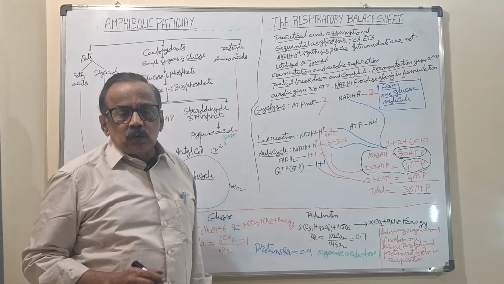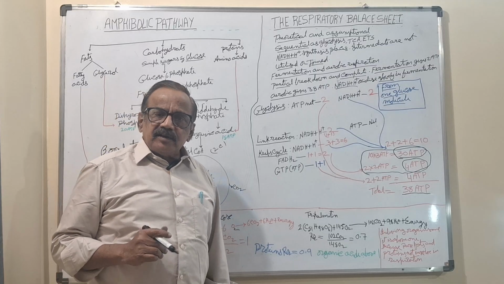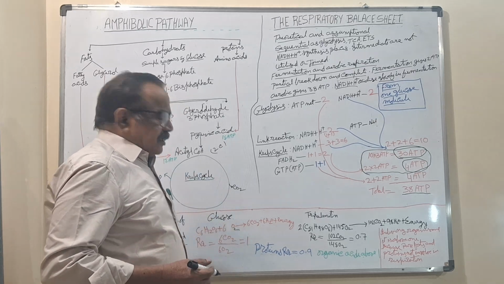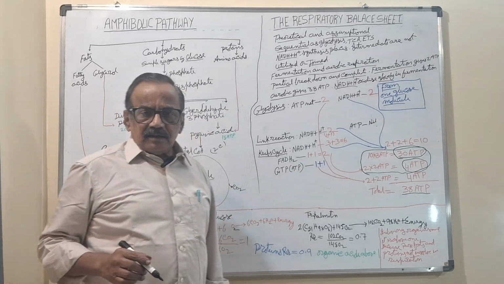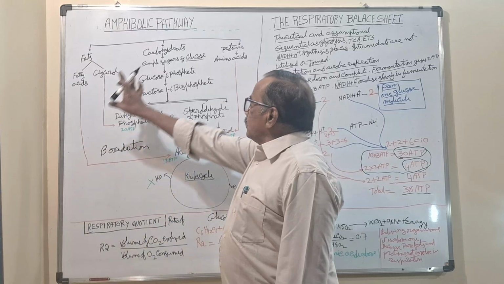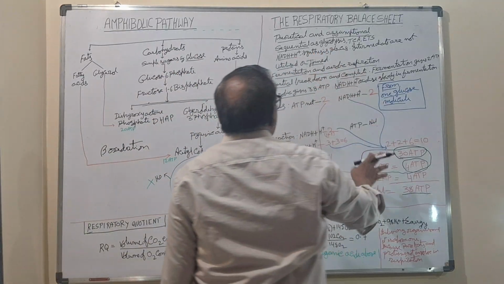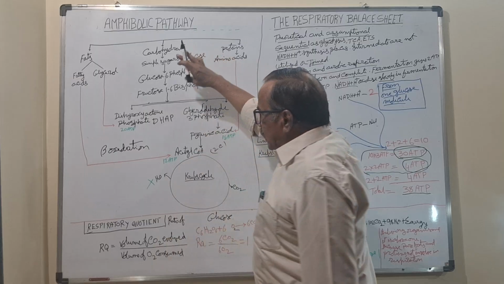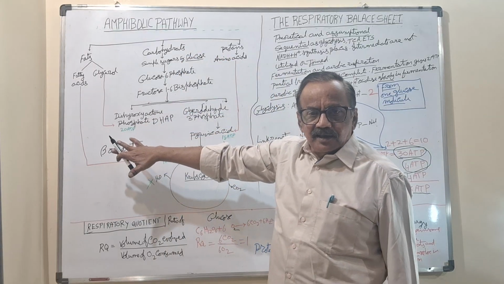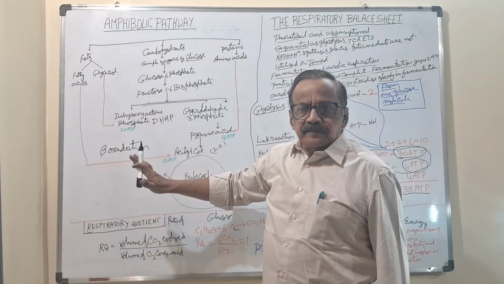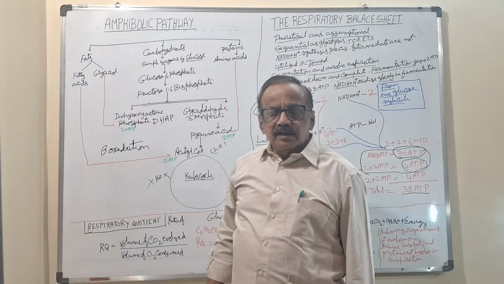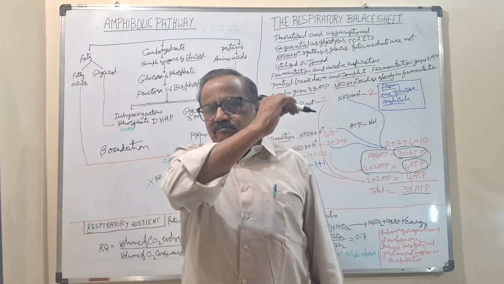And the next one he has given is that in general it will be operated in this way, not in that way, because that is theoretical and assumptional, but it is the actual thing happening in respiration. So whenever it is operating like this, the RQ is always more than 1.